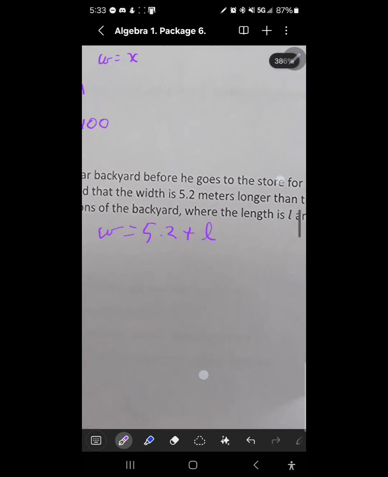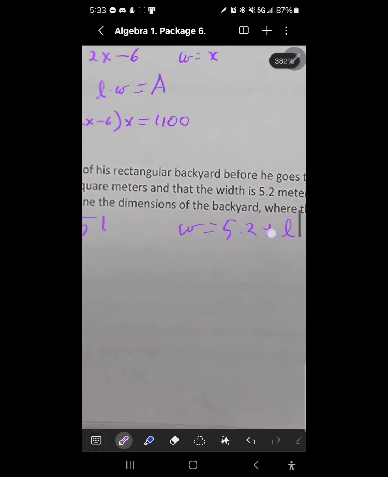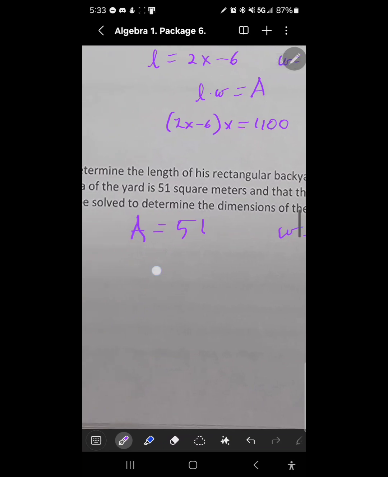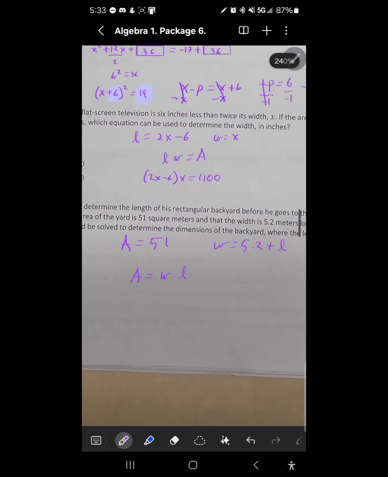So first we have that W is 5.2 plus L. We have also that area is W times L. So since we have W in terms of L, I'm just going to say that 51 is equal to W, which is 5.2 plus L, times L, which is the length.